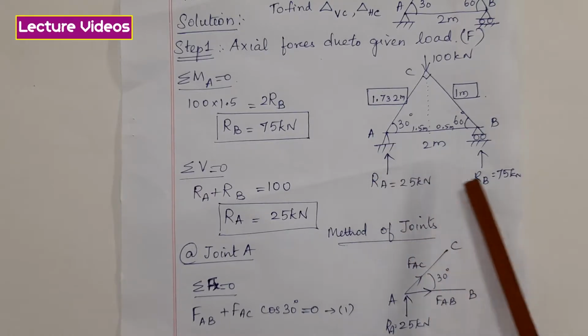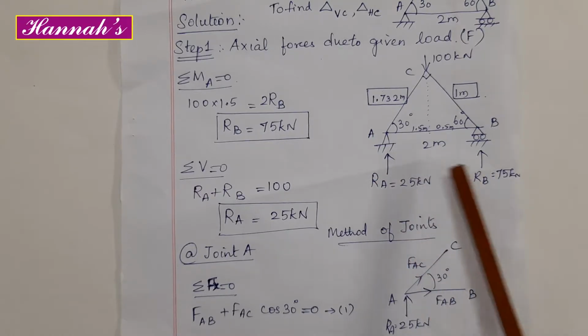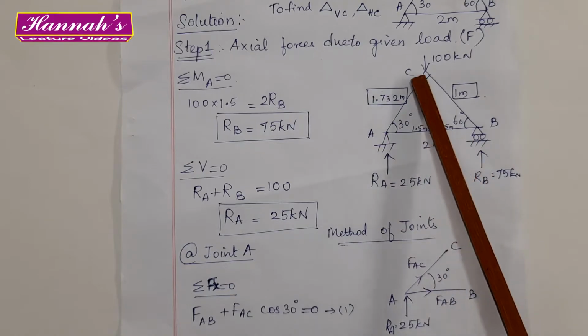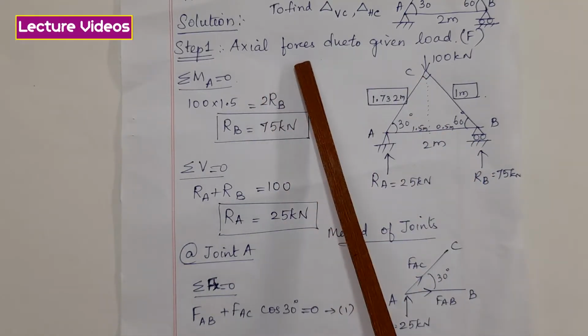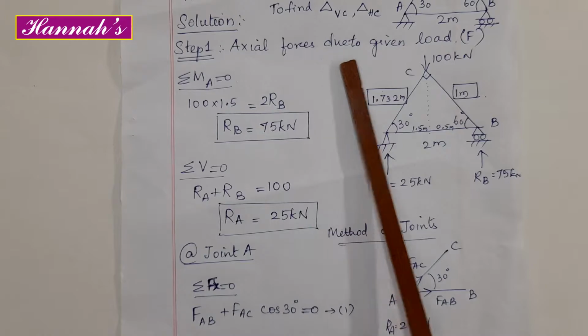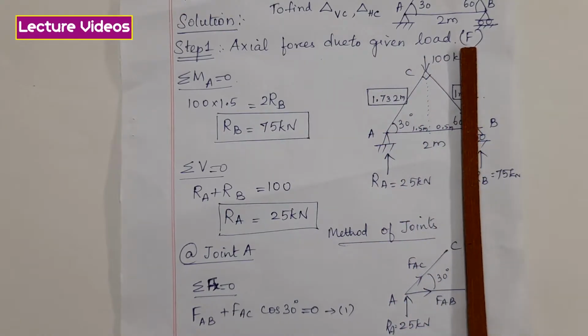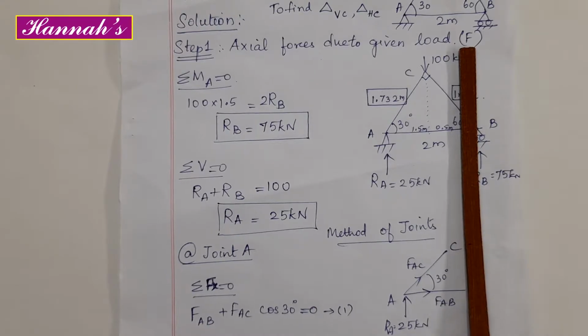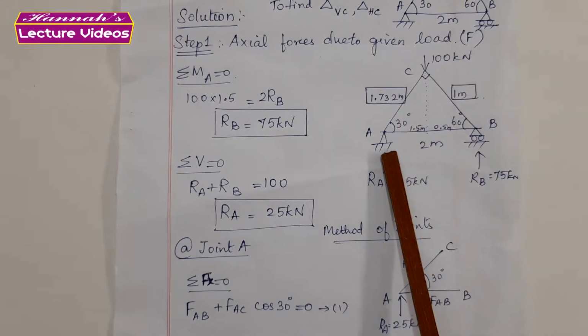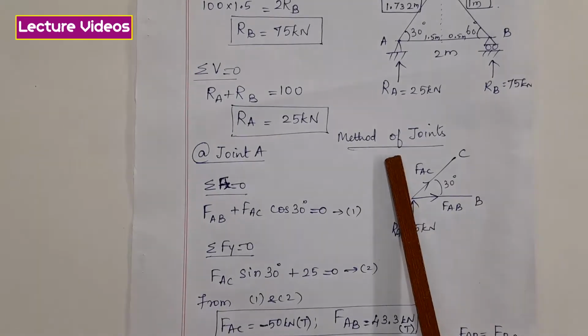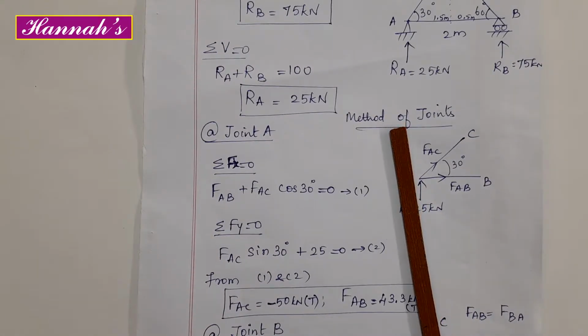After determining the reactions, my aim is to solve at each joint to find the axial forces in the members of the truss due to the given load in the system. I have denoted this as capital F, or sometimes capital P. To determine the axial forces, I have solved by the method of joints.